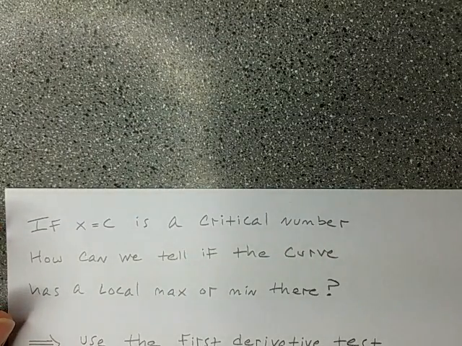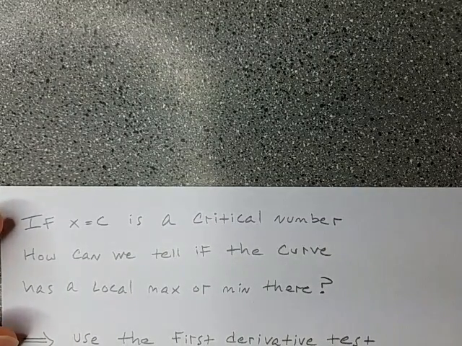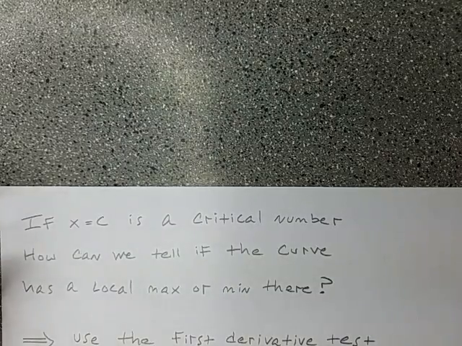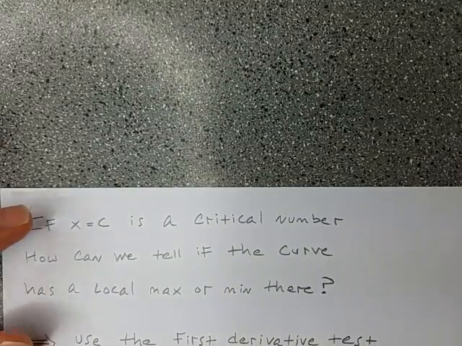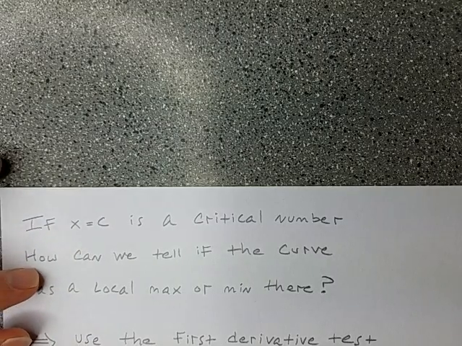But in most of the problems in the quizzes and the lessons and the tests, they're going to be too complicated to draw, and we're going to have to see through the equations whether there's a local max or min. So how can we tell?